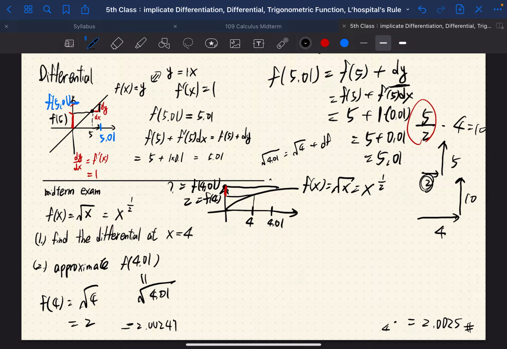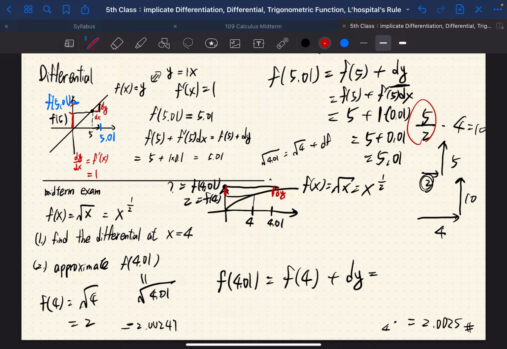So it is f of 4 plus the extra dy. So what is the dy? Dy is this height. This height is dy.